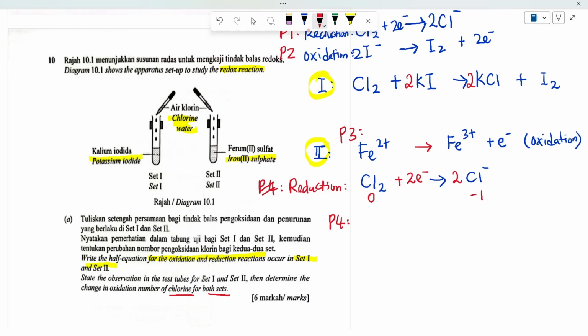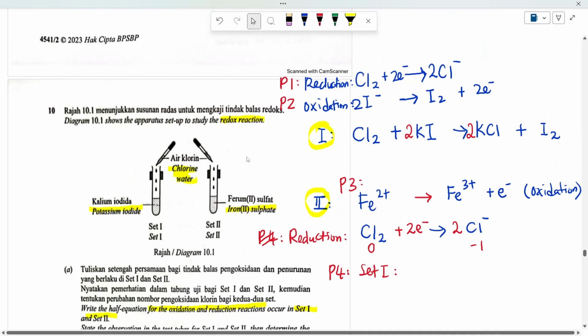Test tubes. So what is the color change for point number 4, for set 1? What happens to the color? Is there any observation you can make for set 1? Potassium iodide solution, what color? Iodine is purple in 1,1,1-trichloroethane, right?